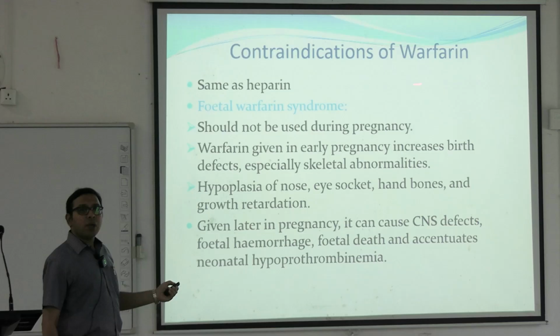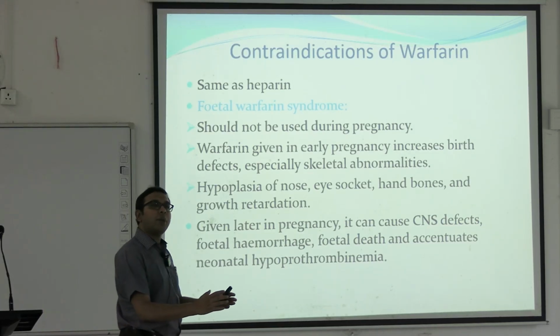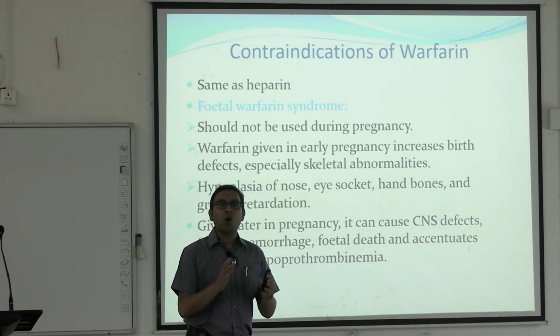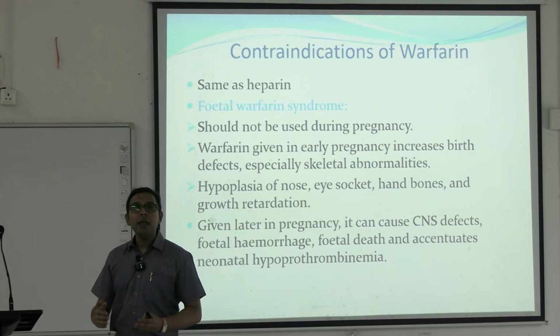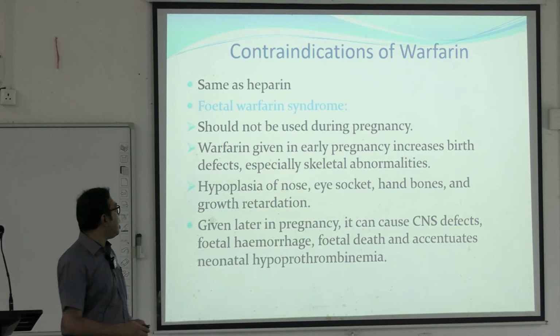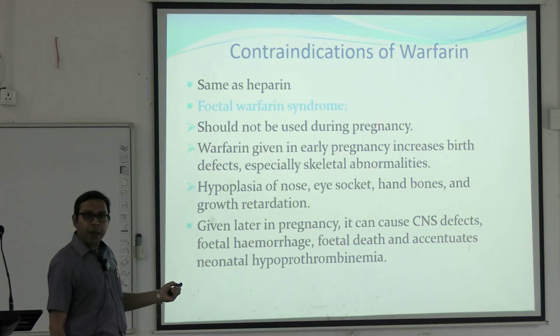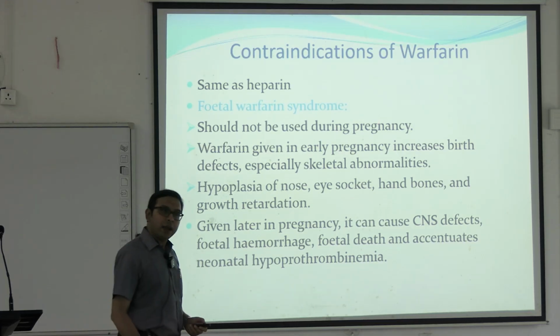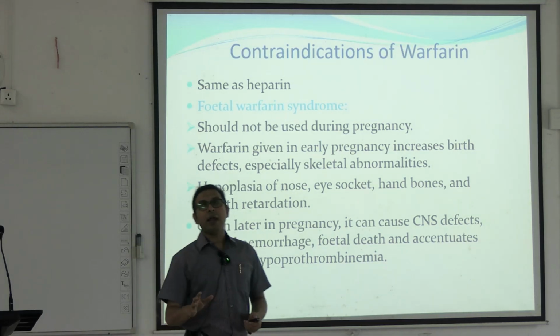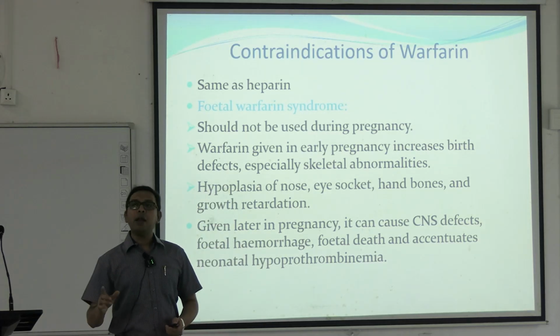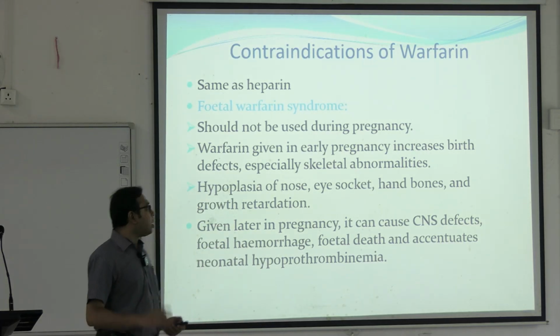Contraindications of warfarin are similar to those of heparin. Already we have seen the contraindications of heparin, mostly if there are chances of bleeding tendencies. Apart from this, fetal warfarin syndrome may happen if we use it in pregnancy. That's why it is contraindicated in pregnancy. In pregnancy, we have to give the anticoagulant heparin.